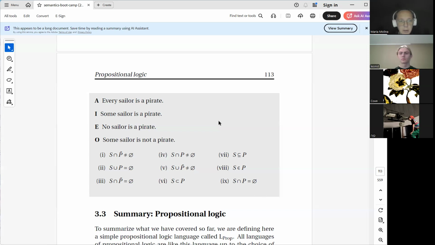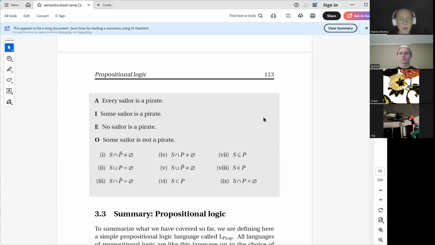Some sailor is not a pirate, which means there is a sailor. 1. So we've got a set of sailors and a set of non-pirates, and the intersection is not empty. Yeah, I think it's 1. I agree.